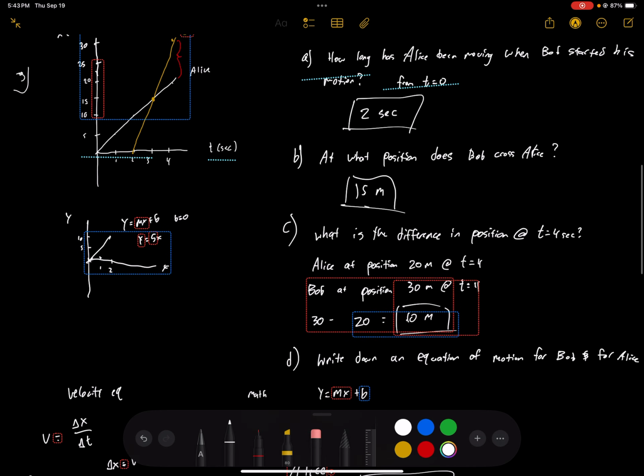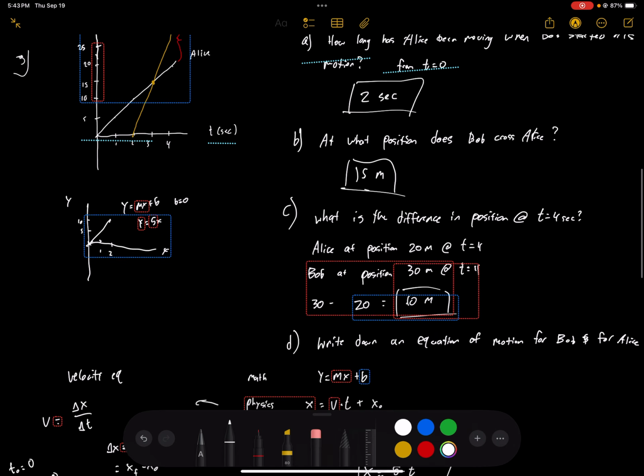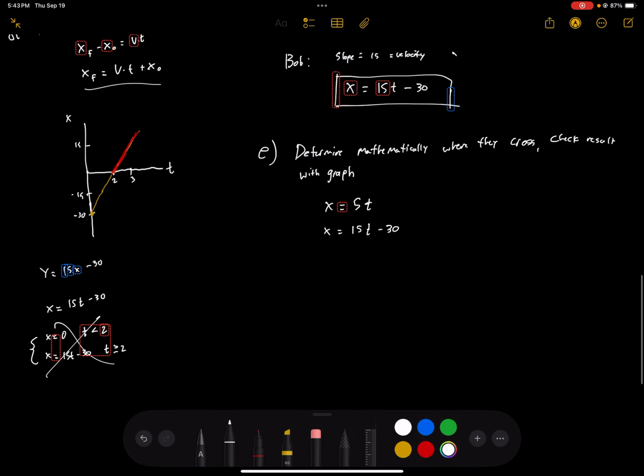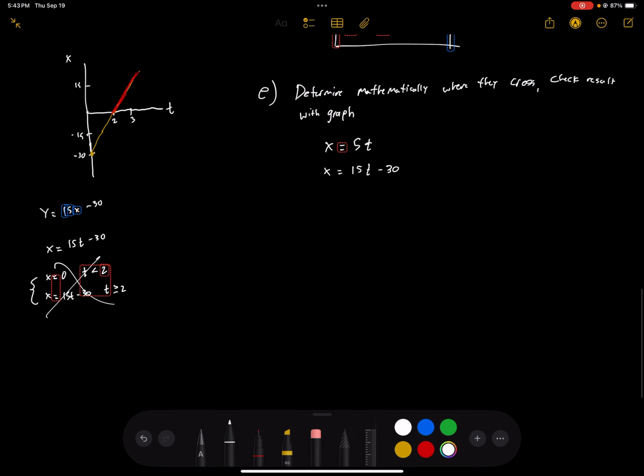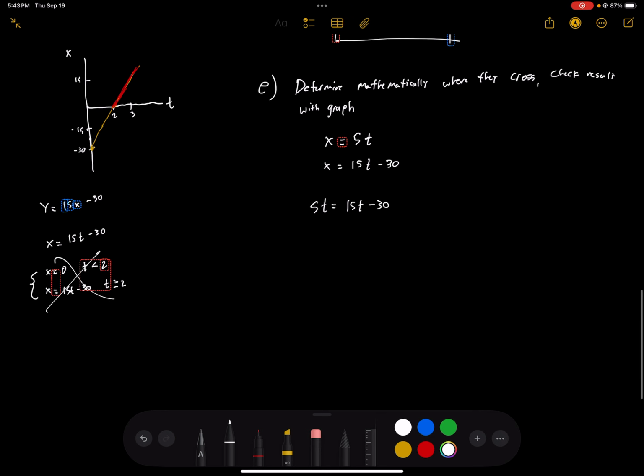They're going to meet at a point where the x value is the same, and the same is true with the t value. So you can just set these equations equal to each other. You can use elimination. You can use substitution, however you want to think of it. The way I'm going to think of it, I'm going to use substitution, right? x is 5t. I have x over here, so I'm going to substitute that in. So I have 5t is equal to 15t minus 30. And we're going to calculate at what point in time they meet.